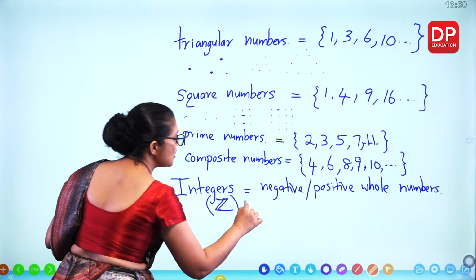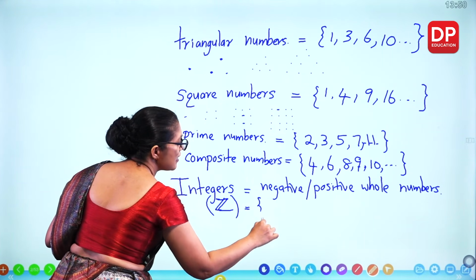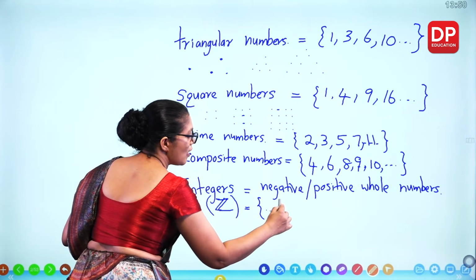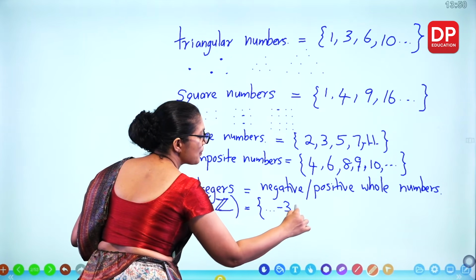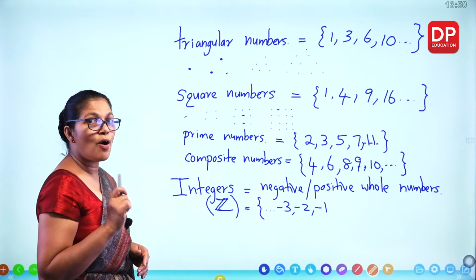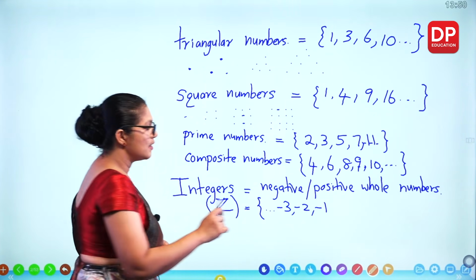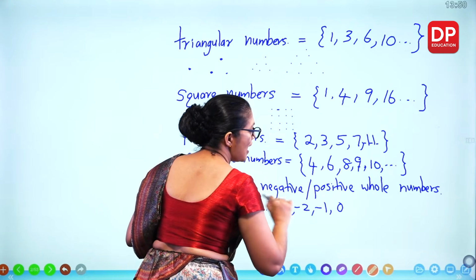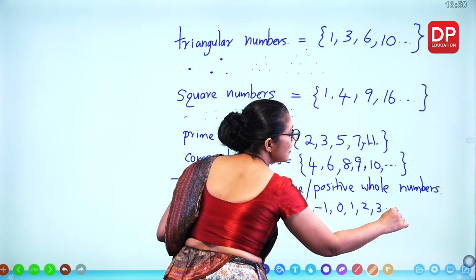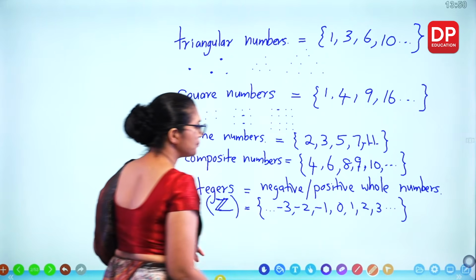So what are the integer values? We can write the set. It can be any negative value. So I can start with -3, -2, -1 and 0 is also an integer. We can take 0 also as an integer. Then 1, 2, 3, and so on.